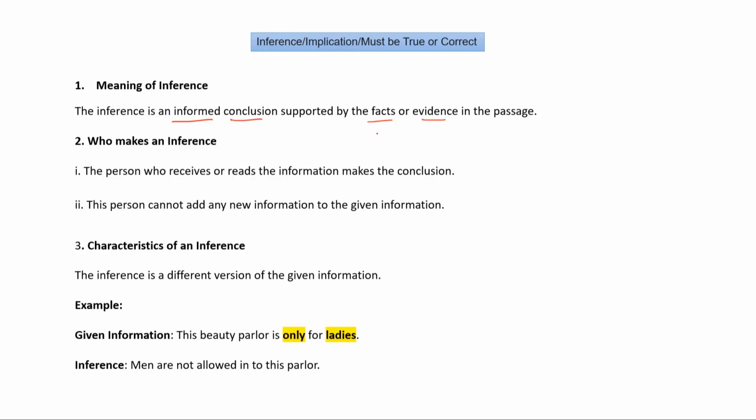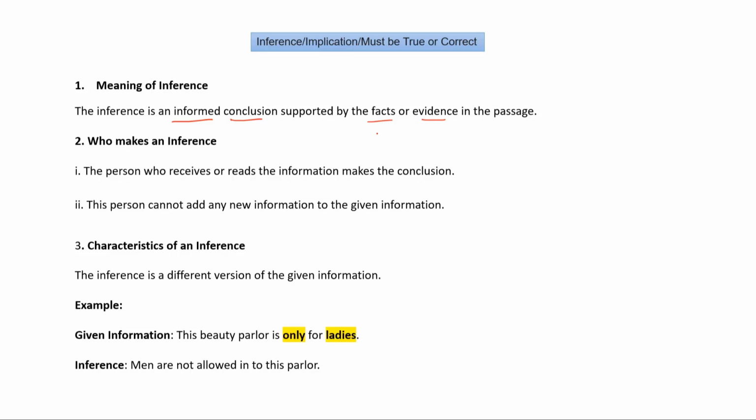This is very important. Maybe I am a knowledgeable person. I have a lot of information in my mind, my own information, common sense. But I can't add that information. I can't use that information to draw an inference. I must confine myself to the given information, the information I receive.